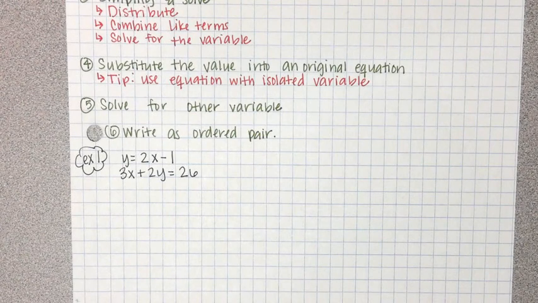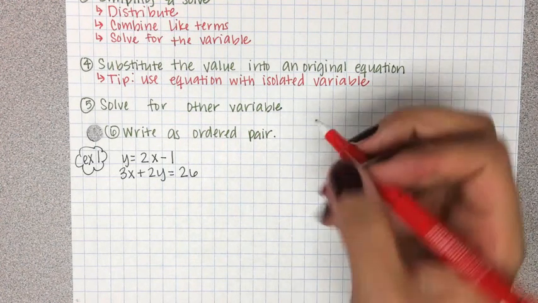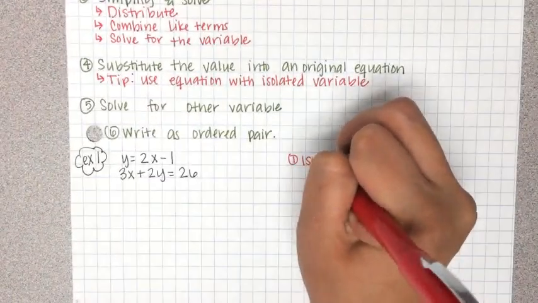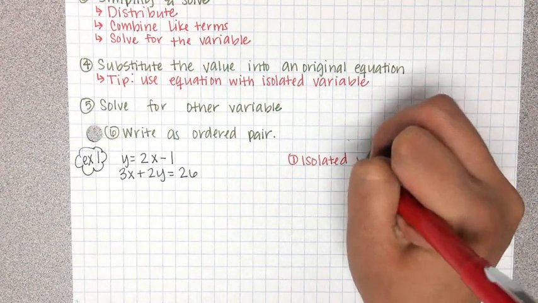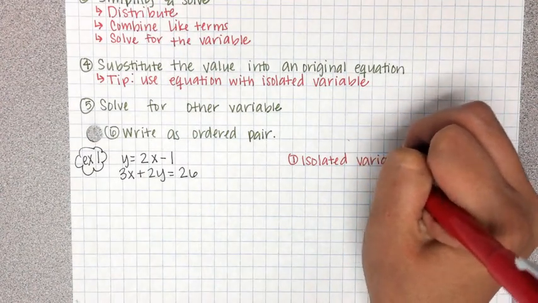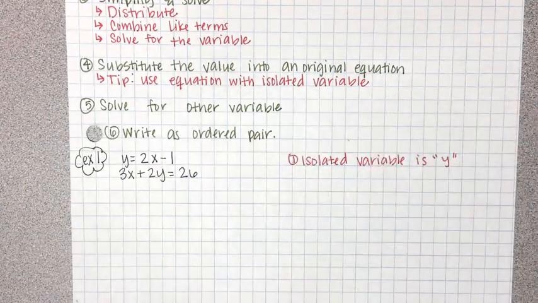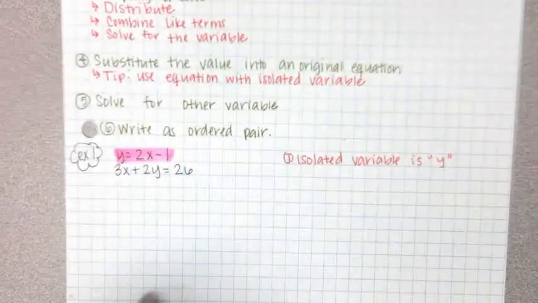So notice in this system, the isolated variable is y. So step 1 was find the isolated variable. So that's the equation with the isolated variable.